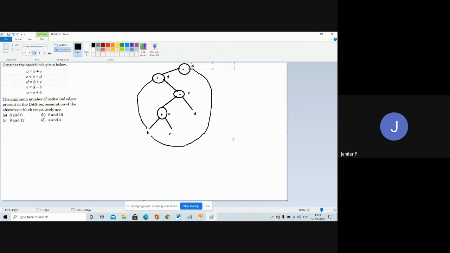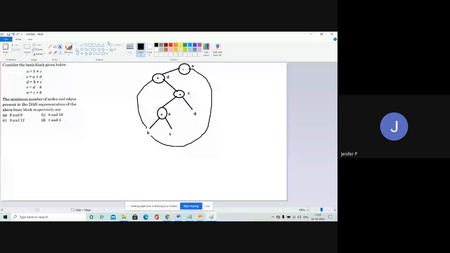Right? And next one, E plus B equal to A. So E you are having here, right? And B again you are having here. B the last வரை B change ஆகல. Okay.